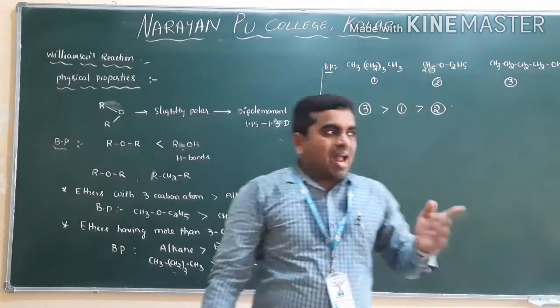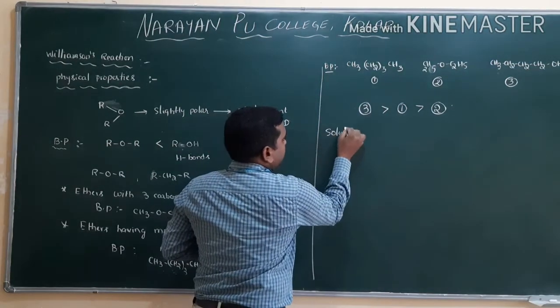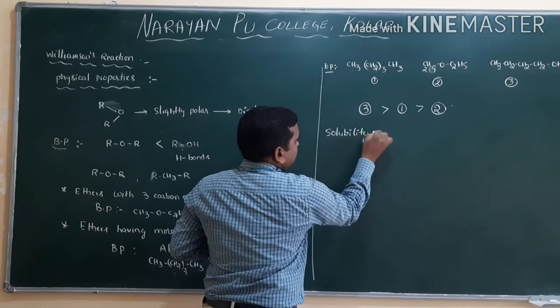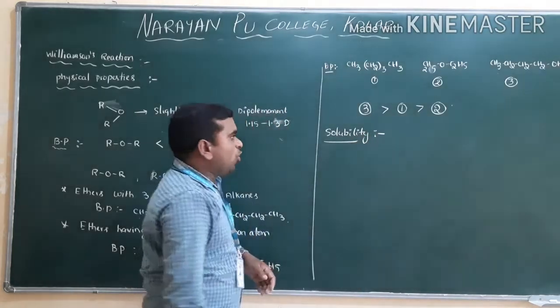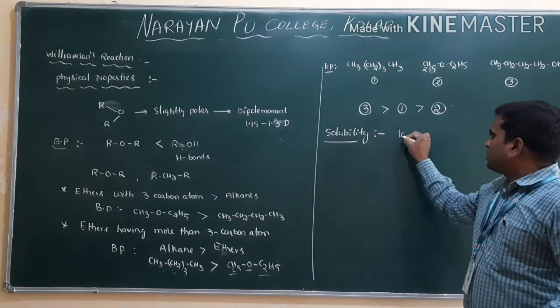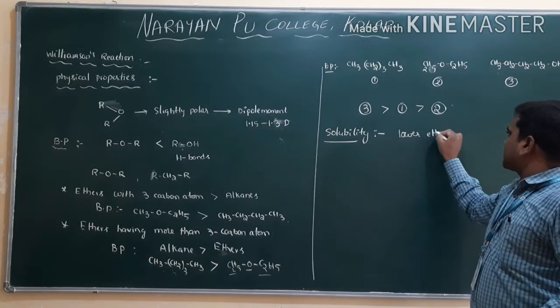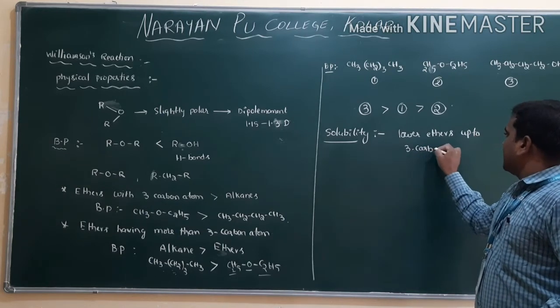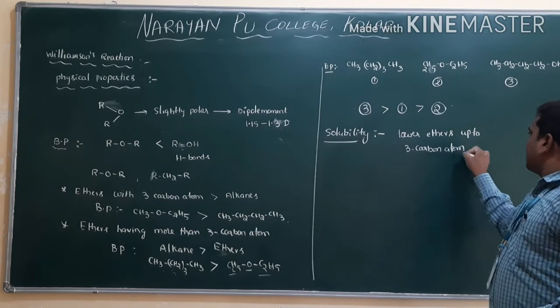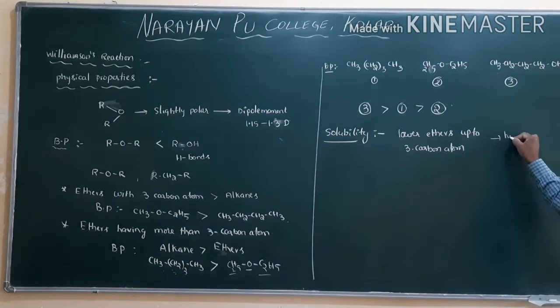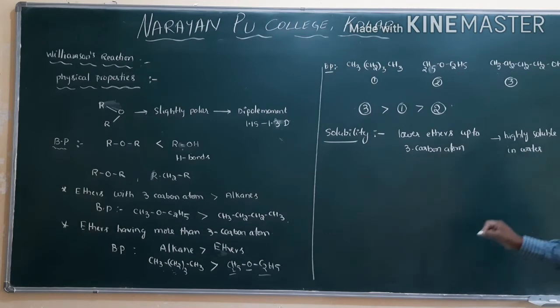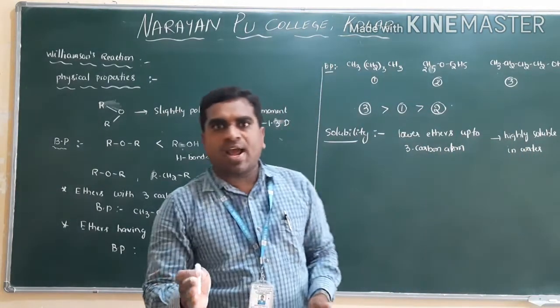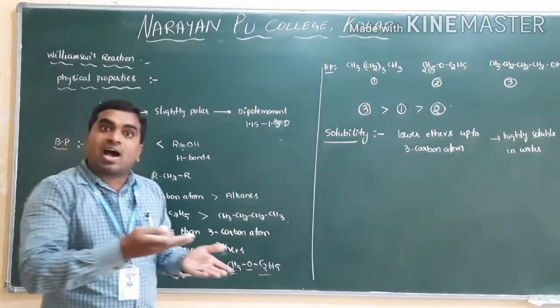And the next concept is solubility. Clear? Lower ethers up to 3 carbon atoms are highly soluble in water. Because up to 3 carbon atoms, they have solubility comparable with the alcohols.